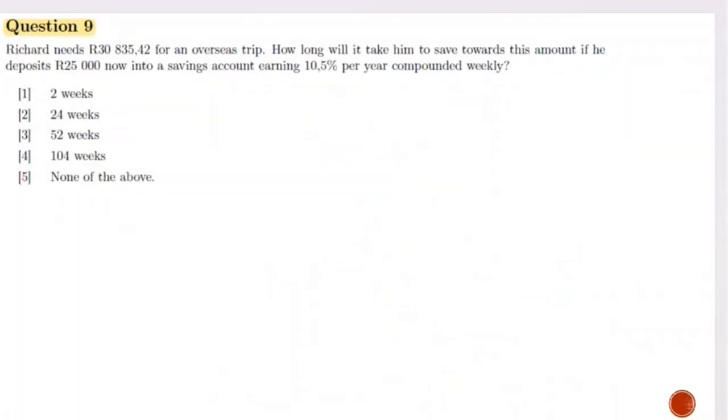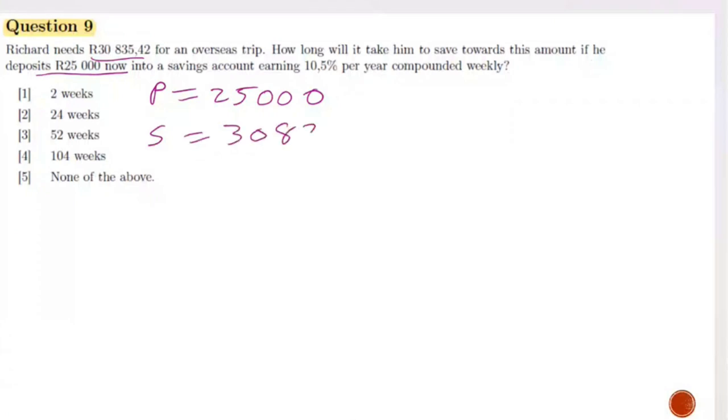Let's look at this one. Richard needs 30,000 for an overseas trip. How long will it take him to save money towards this amount if he deposits now? So now your P here is equal to 25,000. He needs money for the future of 30,835,42.